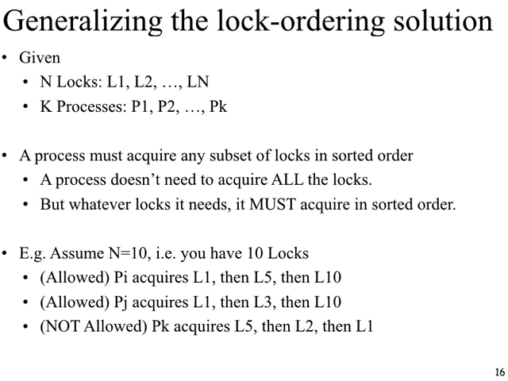However, if there's a third process Pk, and it tries to acquire L5 and then L2 and then L1, that is not allowed because Pk would try to acquire locks in an order that's not in the sorted order of the locks. So whichever subset of locks a process acquires, it has to be acquired in the order that's been agreed upon between different processes.